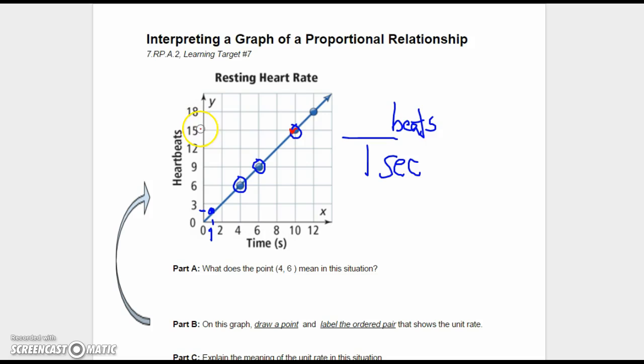I can see that it's on the 15 line for heartbeats and the 10-second line for time. So I know that's 15 beats. And I'm writing with a mouse here, so don't make fun of my handwriting. 10 seconds.